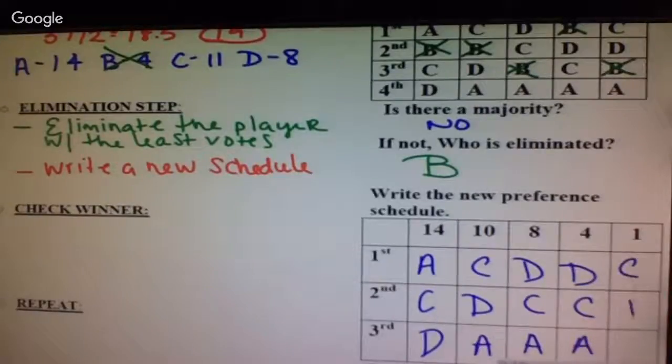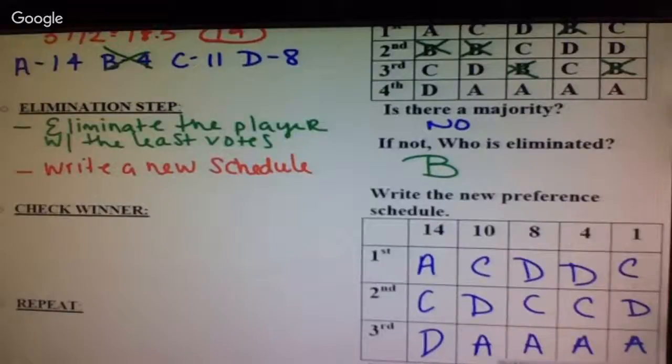And C, D, A. And we start the process all over again.